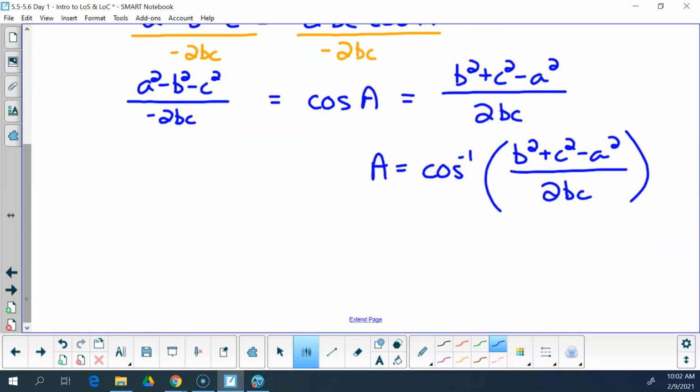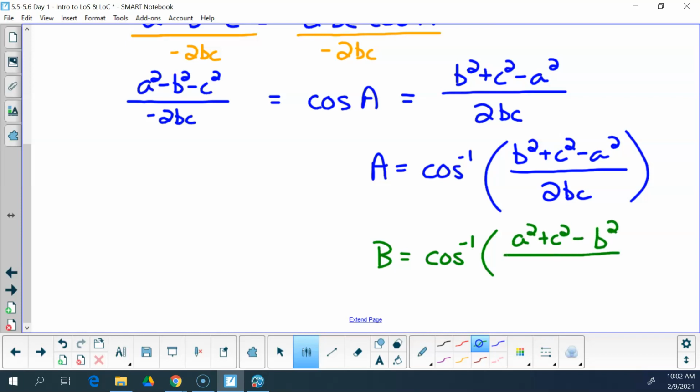The same pattern would hold. Angle B would be the inverse cosine of, so we went A, and the other two are being added. So then we would have A squared plus C squared minus B squared all over 2AC would be the other one.